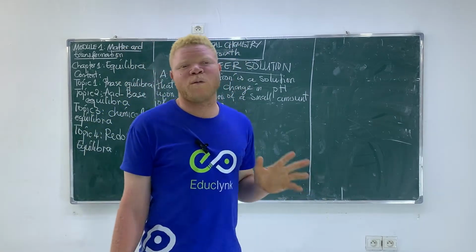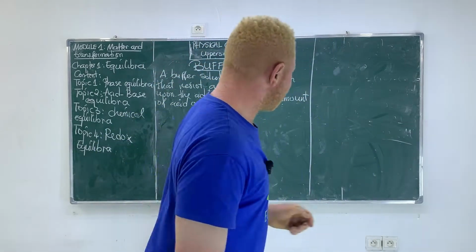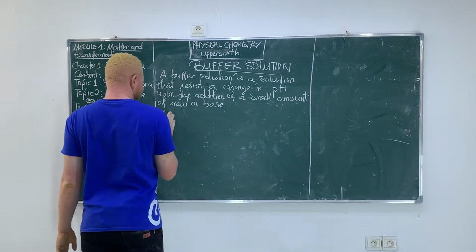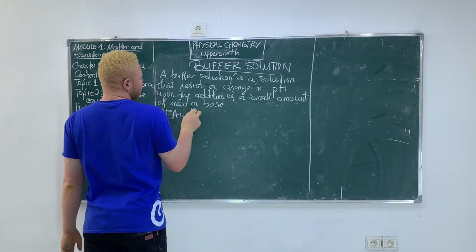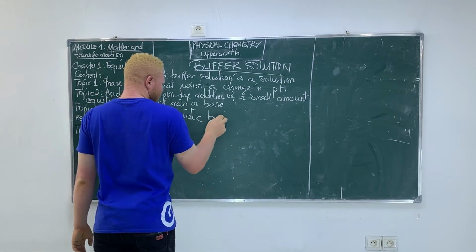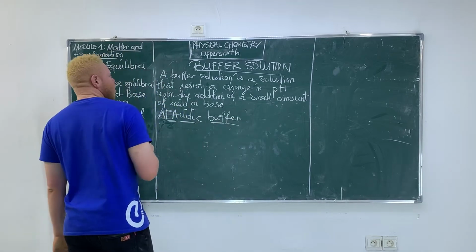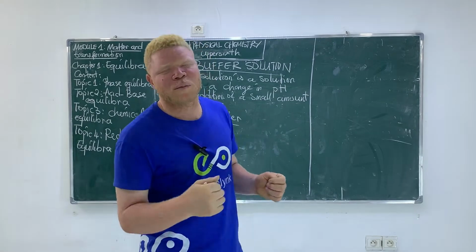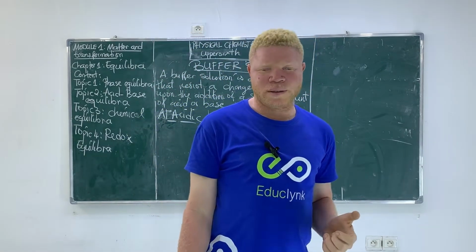There are two types of buffer: an acidic buffer and a basic buffer. Let's take the first one, the acidic buffer. An acidic buffer is made up of a weak acid and a soluble salt of the weak acid.